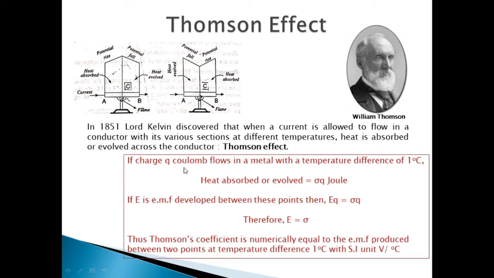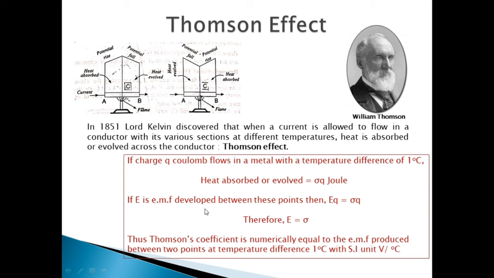When the charge Q flows in a metal with a temperature difference of 1 degree Celsius, heat is absorbed or evolved which is proportional to the charge Q. If we replace this proportionality sign with a proportionality constant, it is equal to sigma Q joule, where sigma is known as the Thomson coefficient.